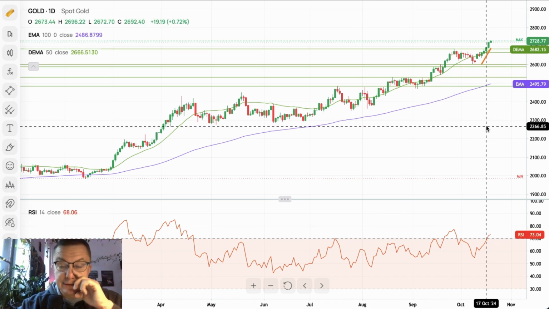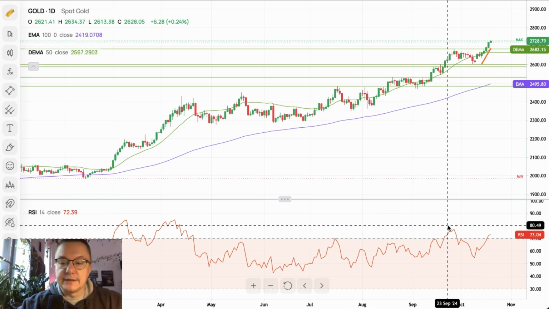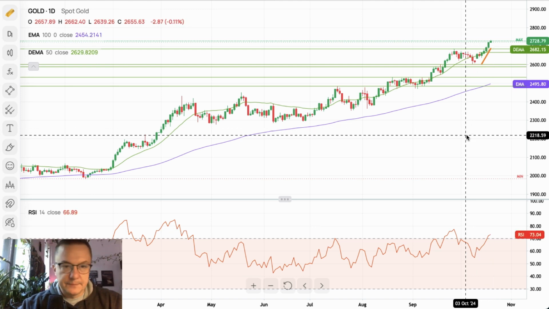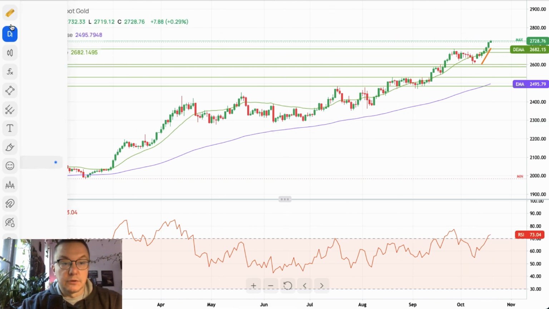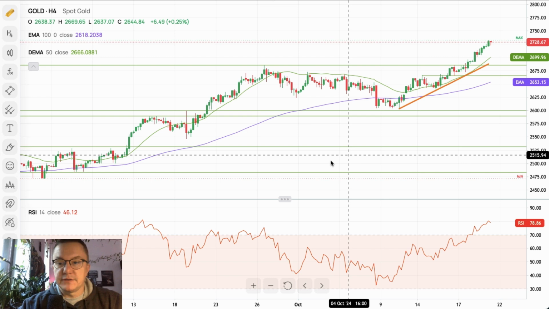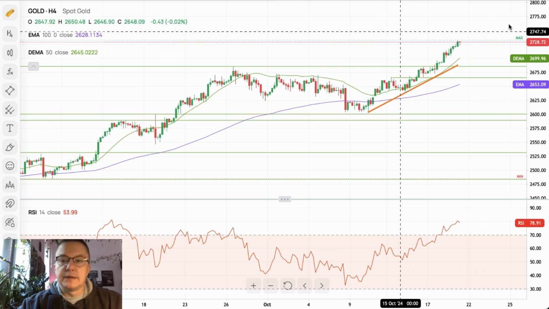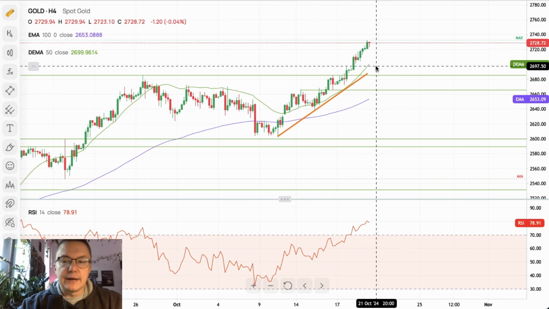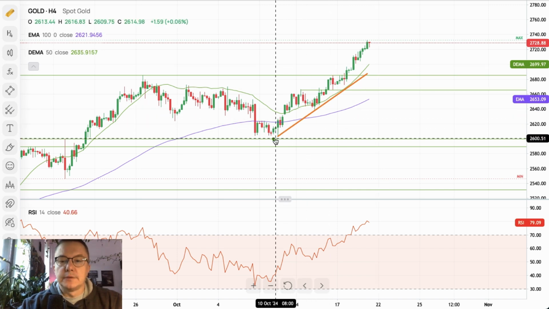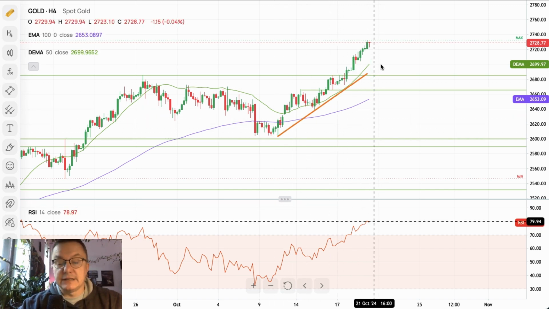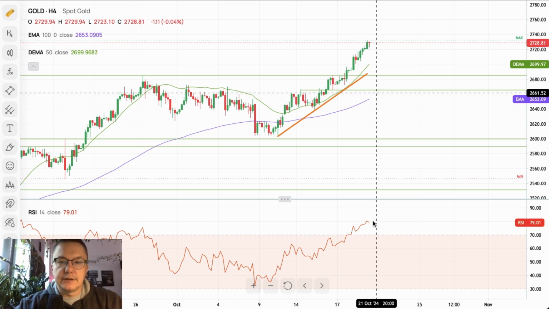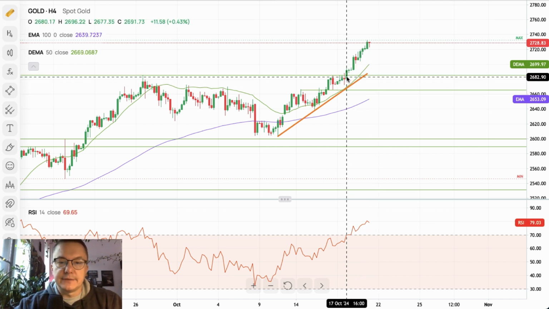Nevertheless, please notice that this is so strong a trend that this bearish divergence might not work. Basically, or it will work in a very limited period of time, just move down and bounce back up. So far there is no sign of the trend exhaustion, except the extremely overbought conditions.